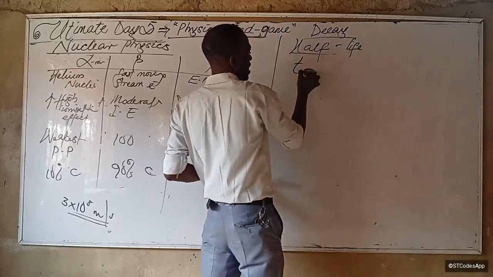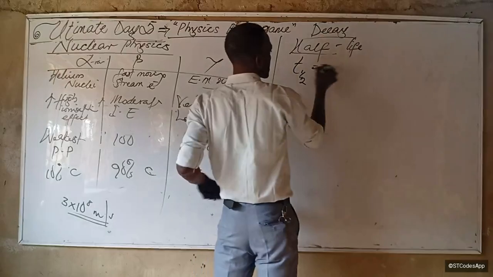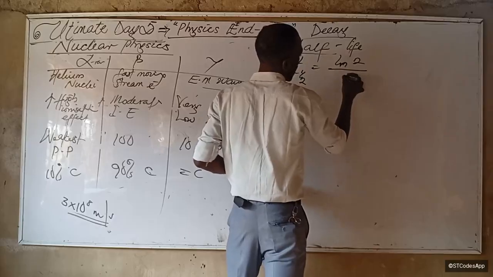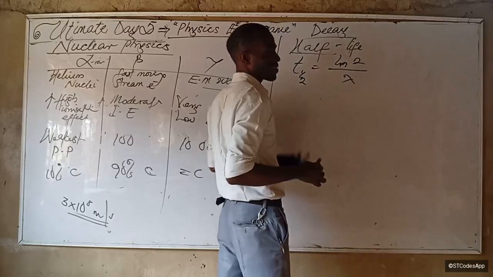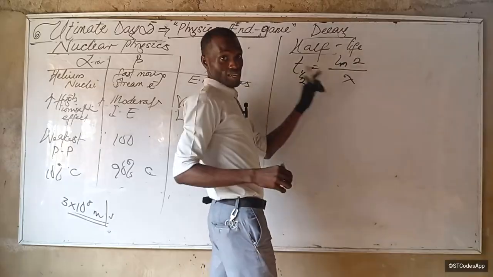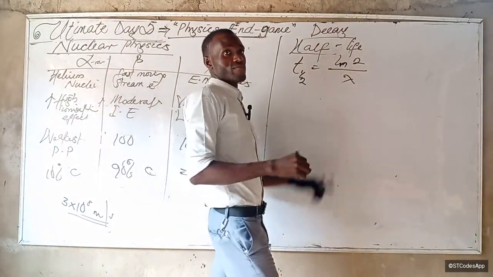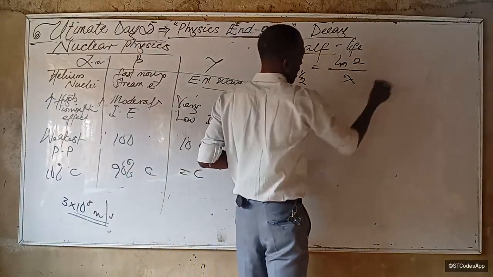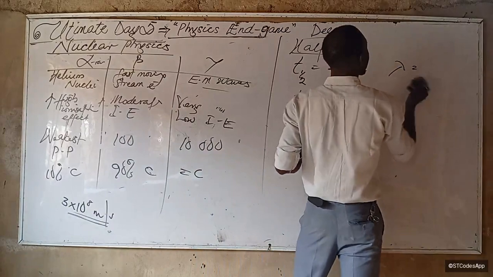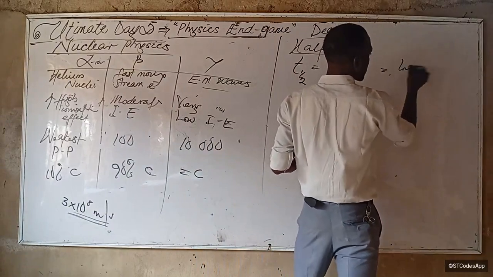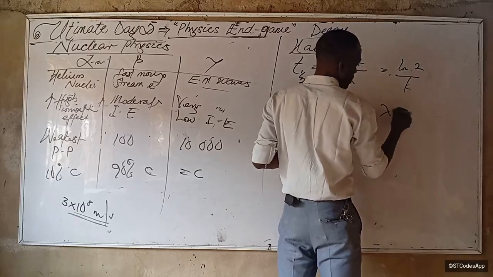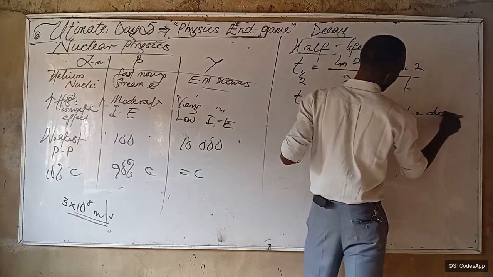Half-life T half is given by ln 2 over lambda. Is this correct? Verify this for me. So this lambda, or K in some textbooks, means the decay constant.